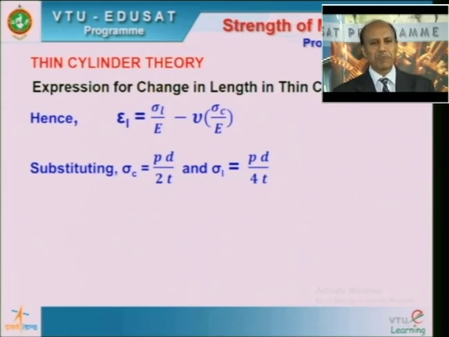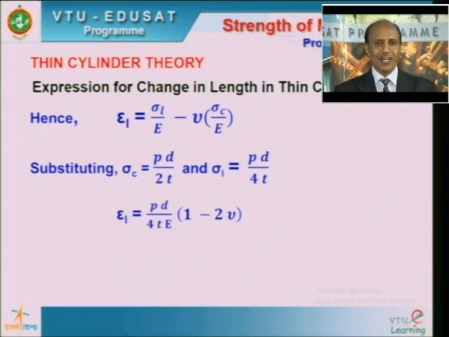Substitute in that expression, simplify, and you get one more expression, epsilon L, which is PD by 4TE into 1 minus 2 nu. Last time it was 2 minus nu, now it is 1 minus 2 nu, a slight change. That is how I get an expression for the longitudinal strain. Now, this has to lead us to change in length, no problem.